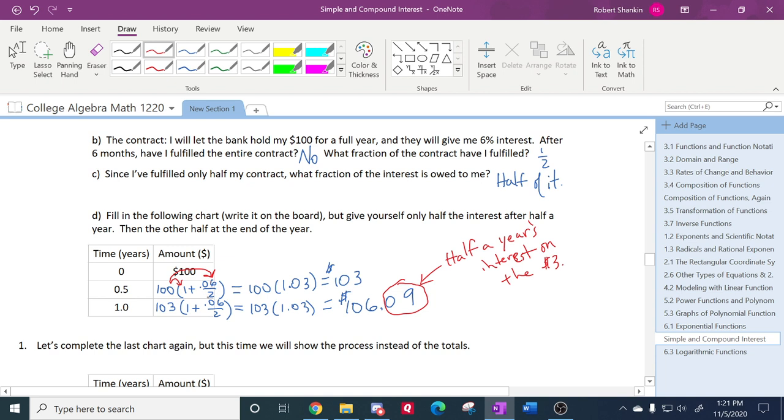We had it in for half a year, so we divide that interest 6% by 2. So 1 plus 0.06 divided by 2 is 1.03. 100 times 1.03 is 103. Does that make it more clear? Yes. Okay. Any other questions?